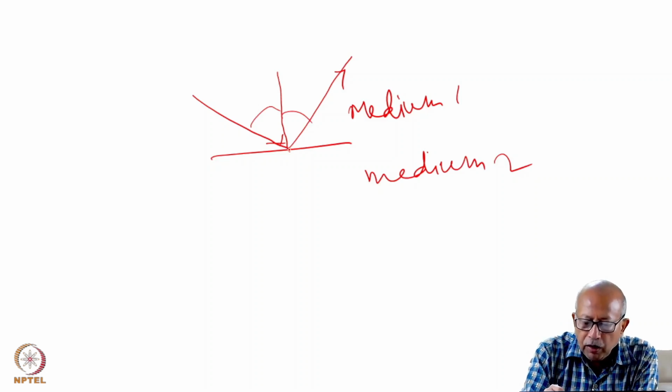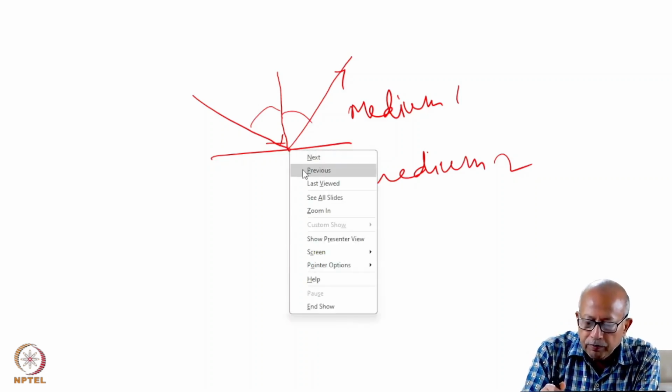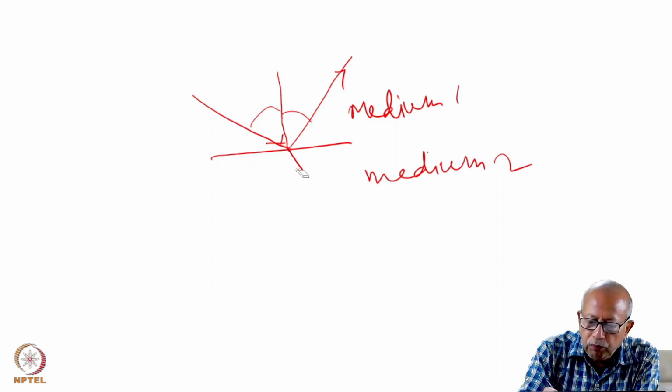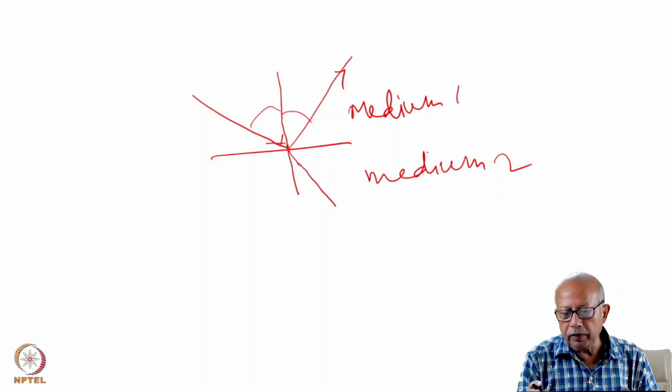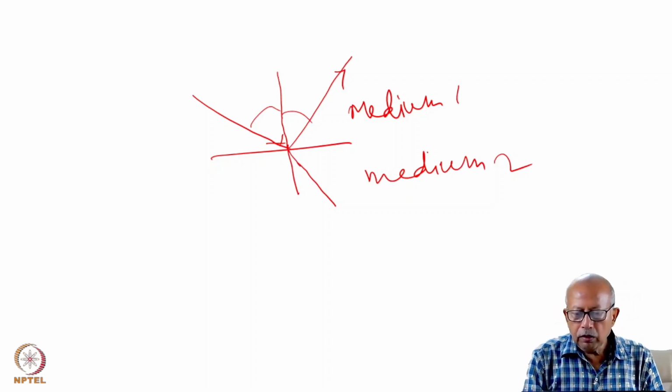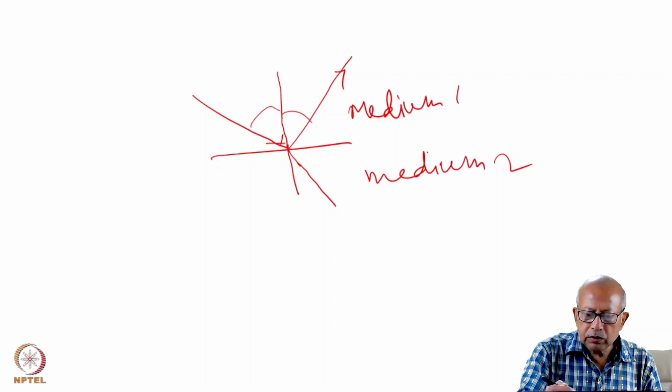However, a part of light will bend and move to the second medium. This is called refraction of light, which we will learn in a while. So this occurs from the interface between two media.